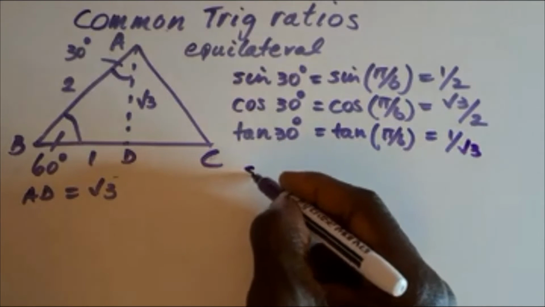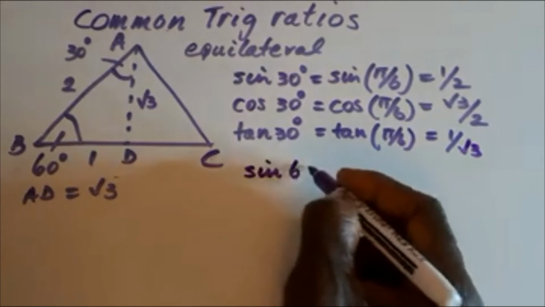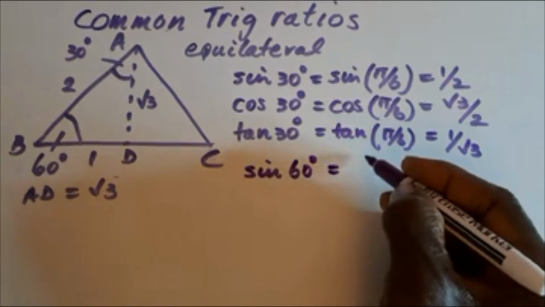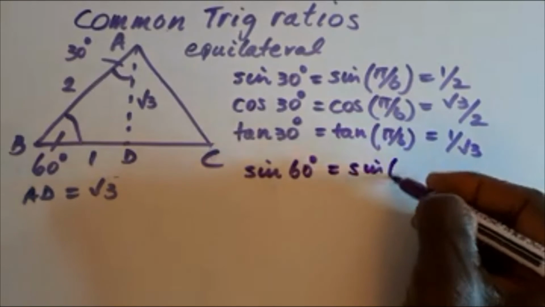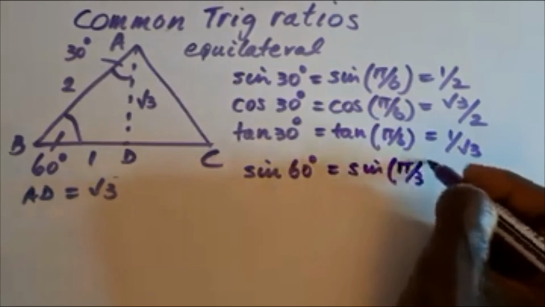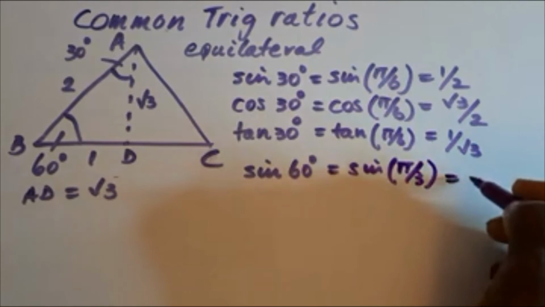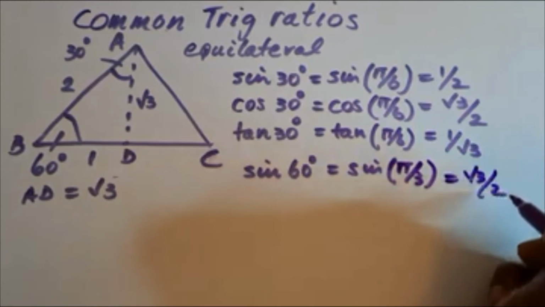We also have sine of 60 degrees, and it's equal to sine of pi over 3. It's equal to root 3 over 2.